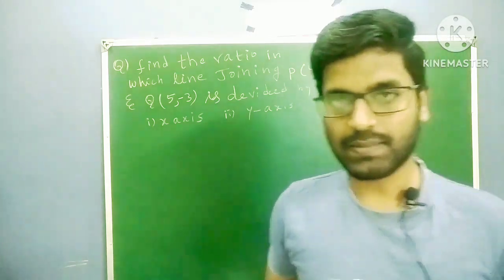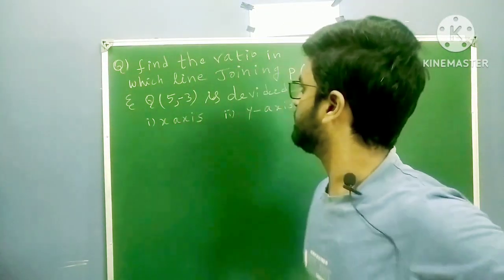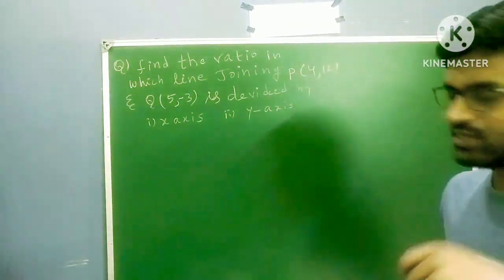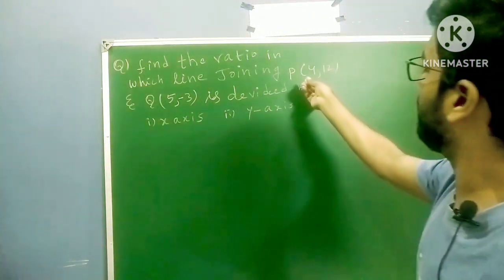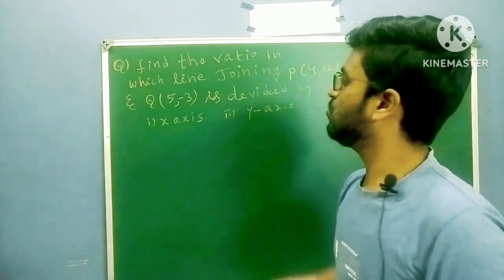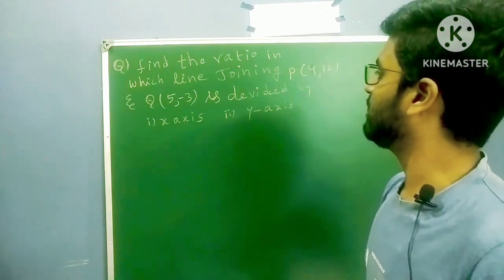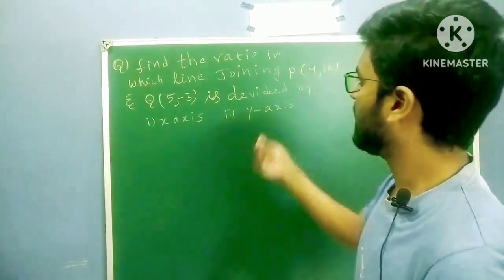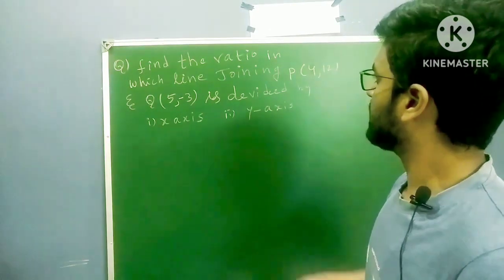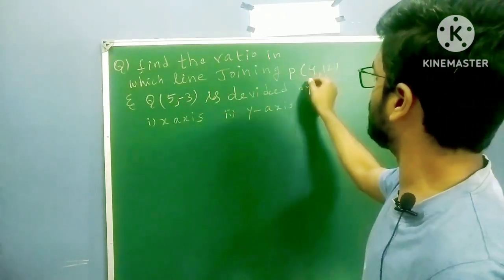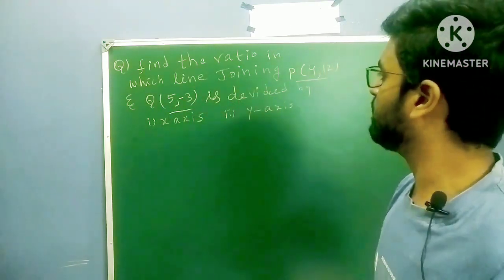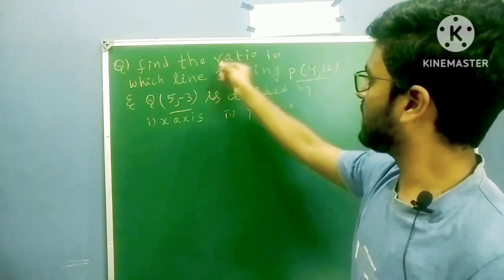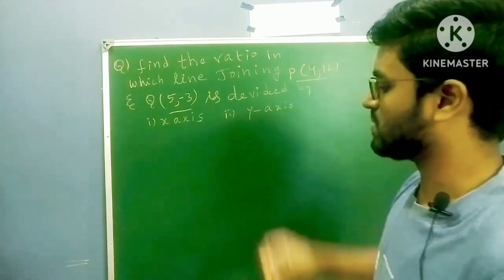Okay, let us start. First of all, find the ratio in which the line joining P(4,12) and Q(5,-3) is divided by the x-axis and y-axis. If you observe, one line is joining the points P and Q, and you have to calculate the ratio in which it is divided by the x-axis and y-axis.